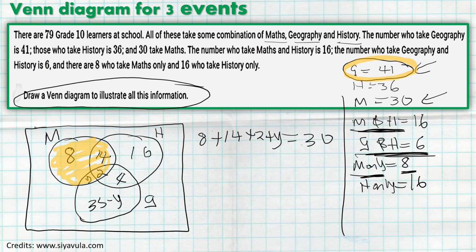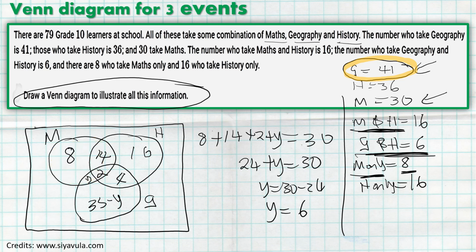So 8 plus 14 plus 2 is going to give us 24. So it's 24 plus y is equal to 30. So y will be 30 minus 24. y is equal to 6, meaning that we can go and replace everywhere there is y by 6. So 35 minus y is 35 minus 6, which is 29.